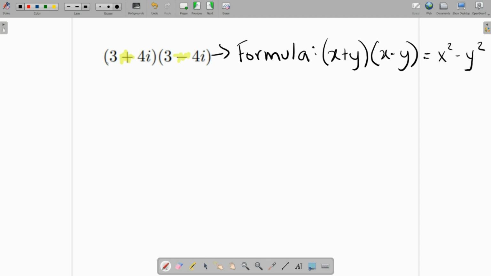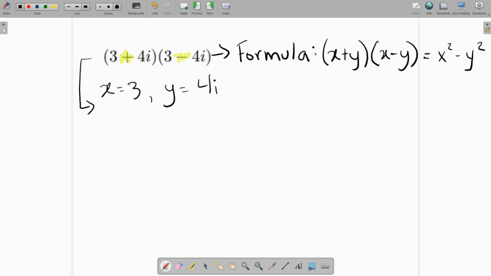As you can see, this fits the requirements here. The only thing that's different is the signs, and that's exactly what the formula requires. So we could set x equal to 3 and y equal to 4i.